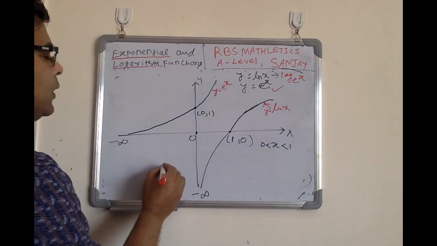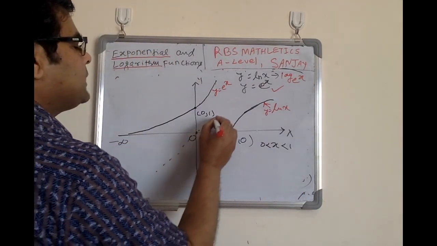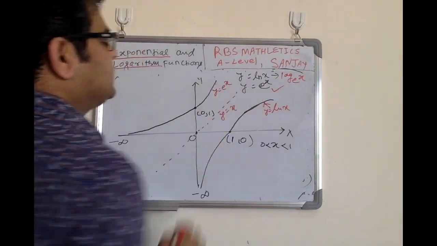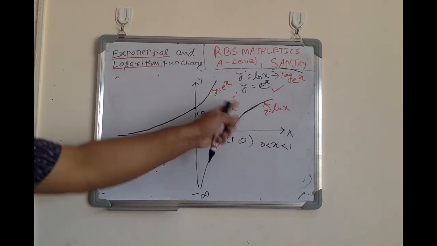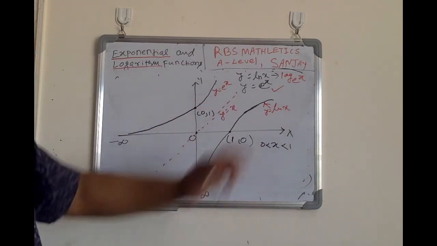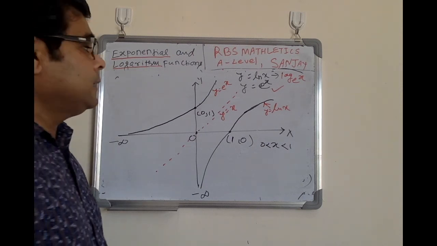Now let's consider one line passing through the origin, and you know that its equation is going to be y equals x. So what can you think about these two functions, one as ln x and another as e^x?